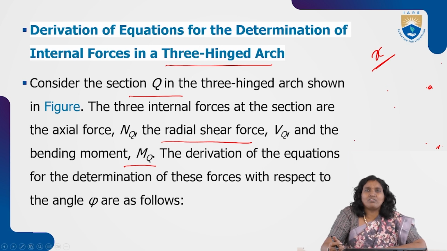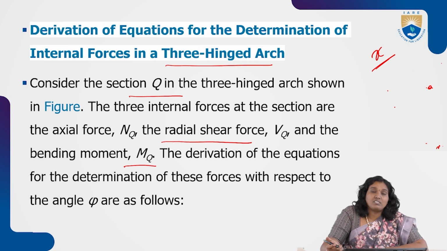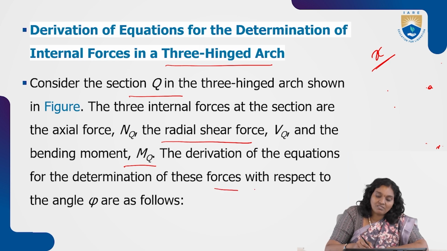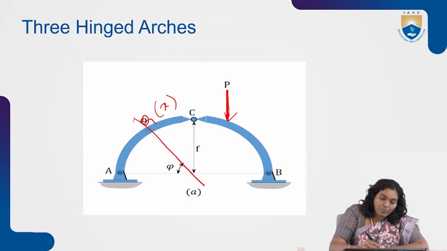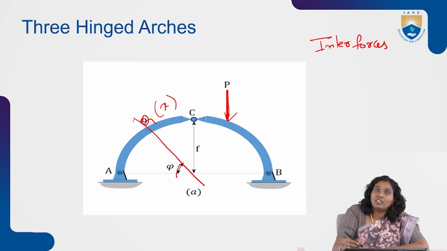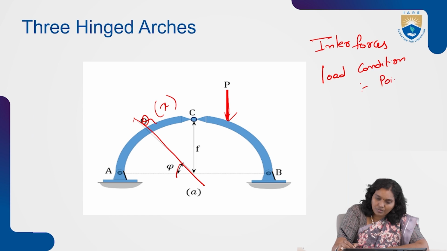So the derivation of these equations for the determination of the forces is with respect to the angle. What we are going to find out is the internal forces which are involved, and the load condition, the point load.